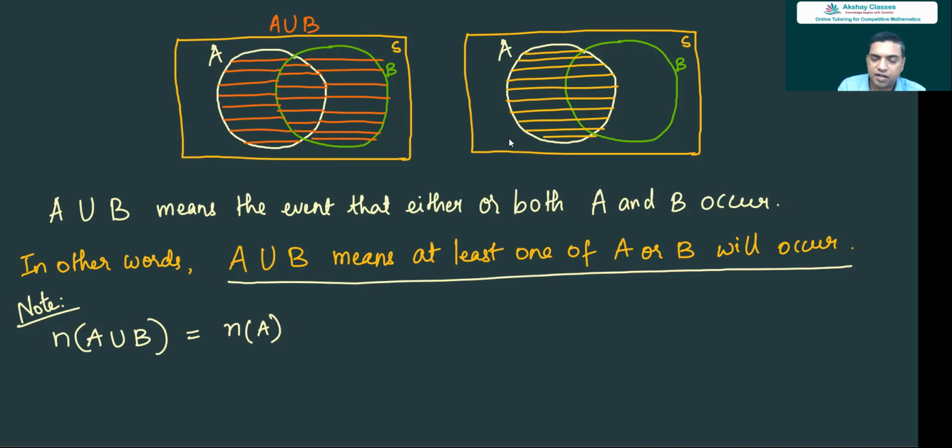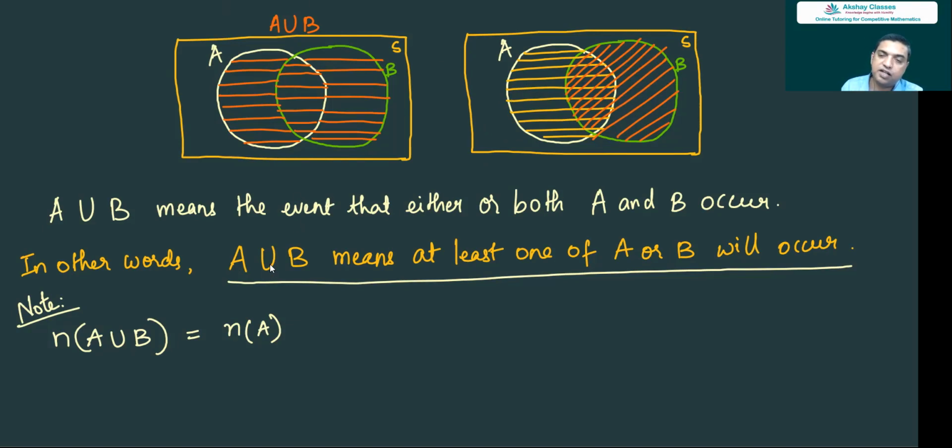That means the simple events in favor of the event A. The next is N of B. For N of B, you have this. Okay. This is N of A, this is N of B, this is N of A intersection B.